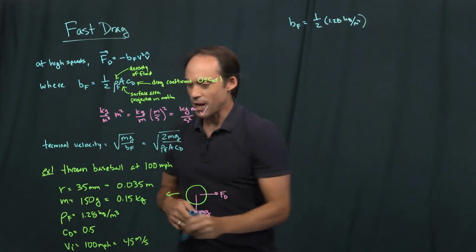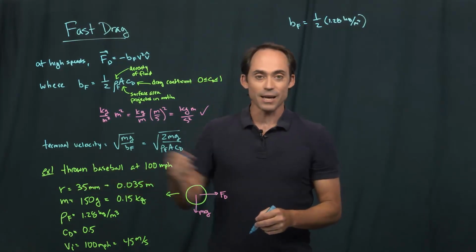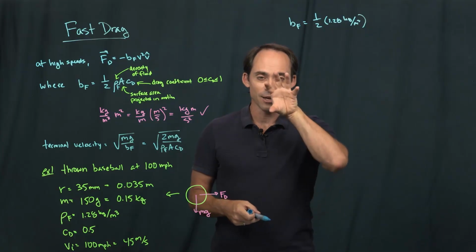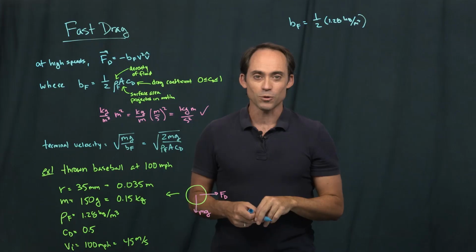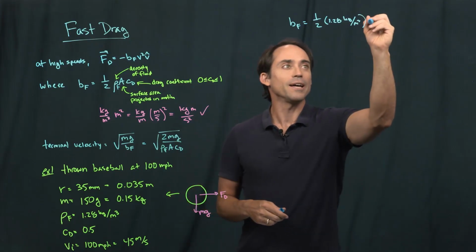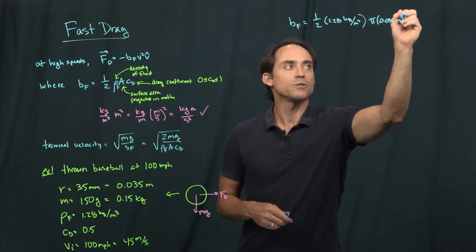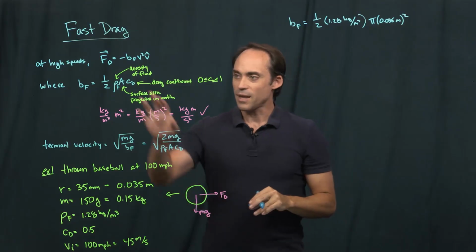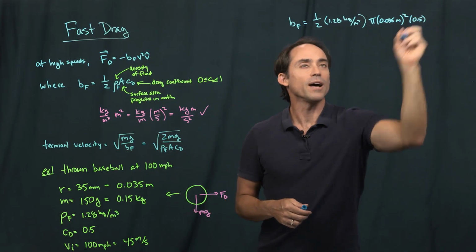And then we're going to multiply by our area, but our area is just pi times r squared, right? The area is the circle that the baseball shows the fluid as it moves through. So if the baseball has a radius r, that circle is just pi times 0.035 meters squared. And then we have our coefficient of drag, which is 0.5.